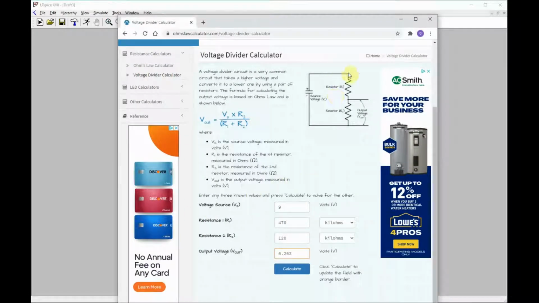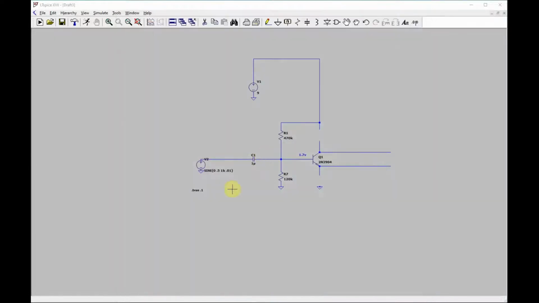You can see right here is a voltage divider, and here's the equation. Look up voltage divider equation, calculate 1.83. So that's good. That's going to bring us in a little higher than what we wanted, but it's better to be a little higher than a little lower. So we've got this here.